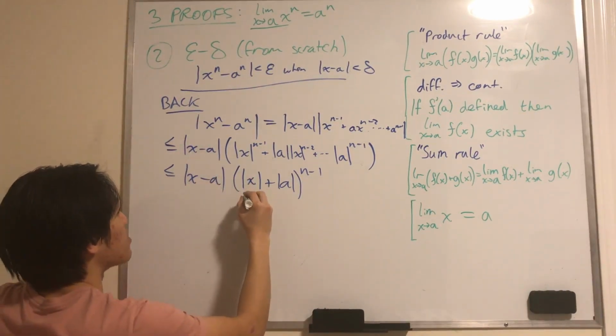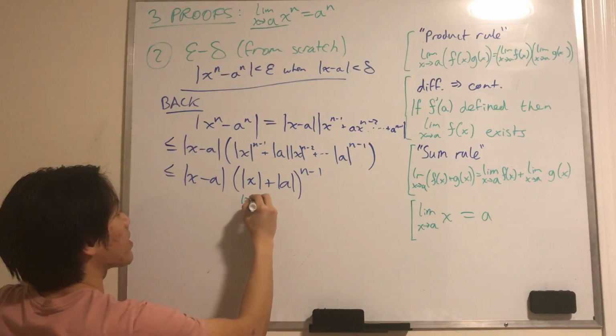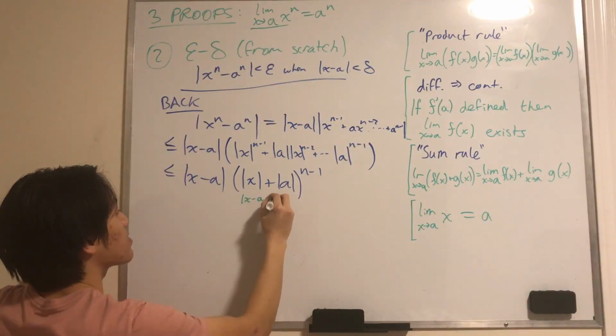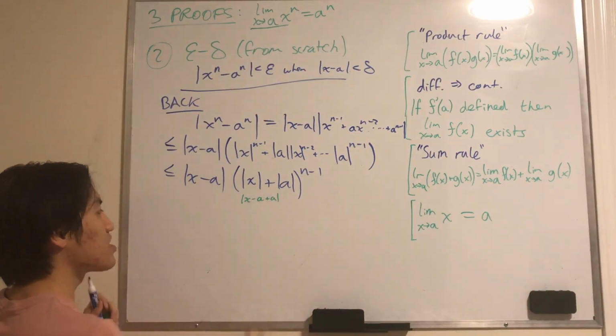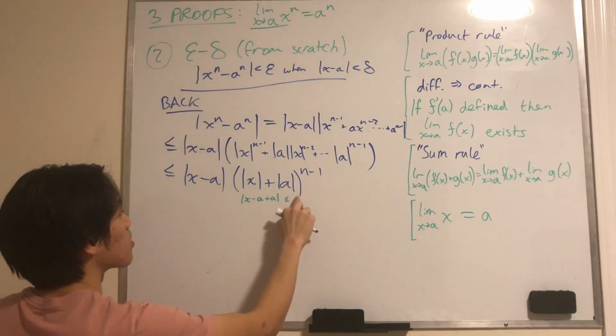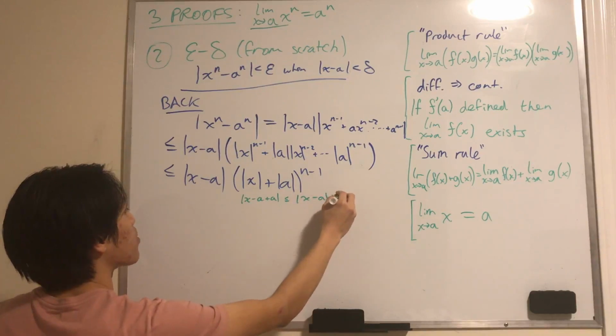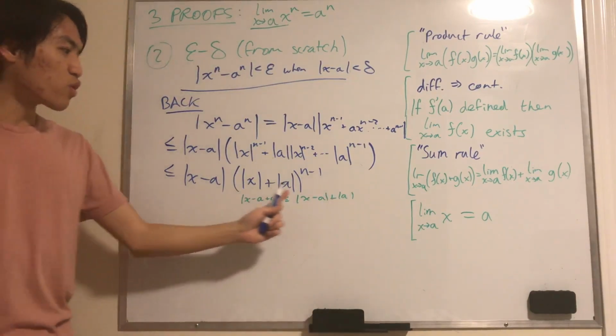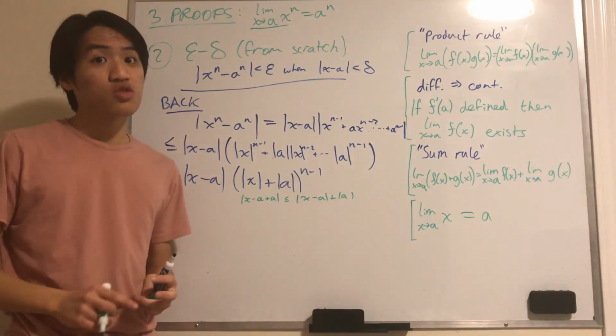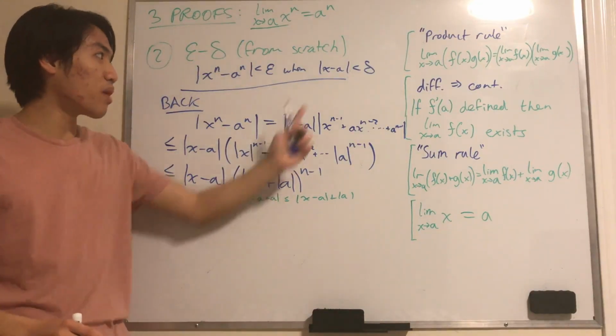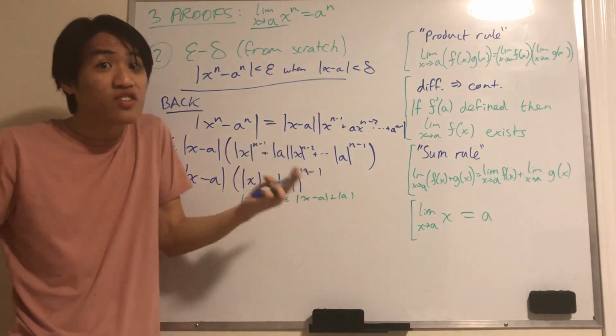Absolute value of x is nothing more than absolute value of x minus a plus a, which is less than or equal to absolute value of x minus a plus absolute value of a. So that's the idea. We're going to force an x minus a because I know how to control an x minus a. I control it by picking my delta. That's the only thing I have control over.